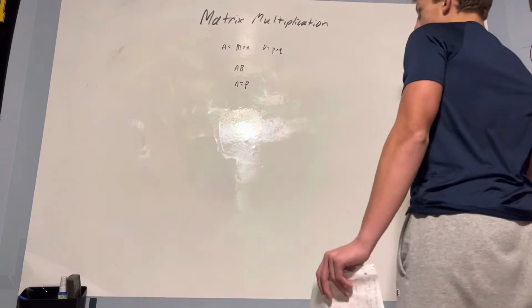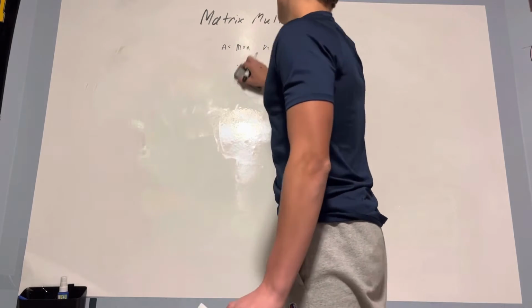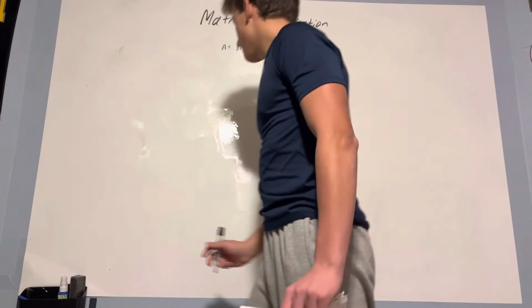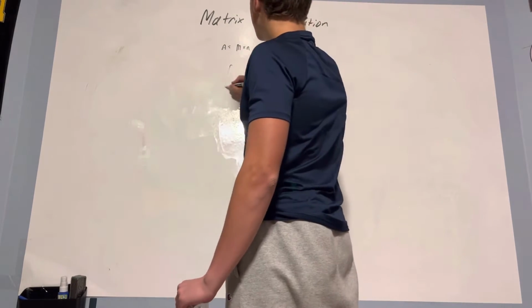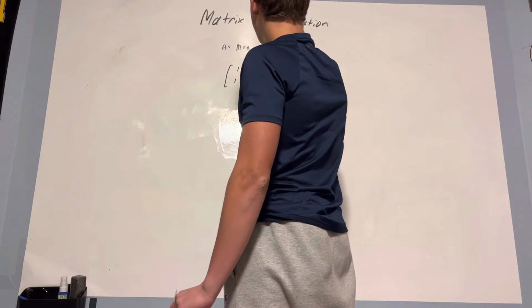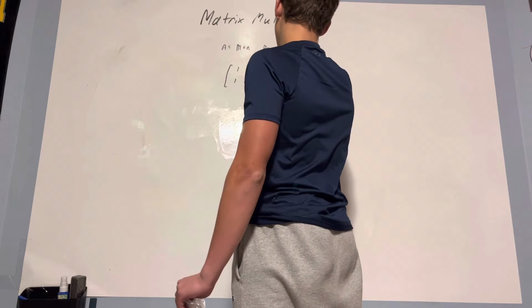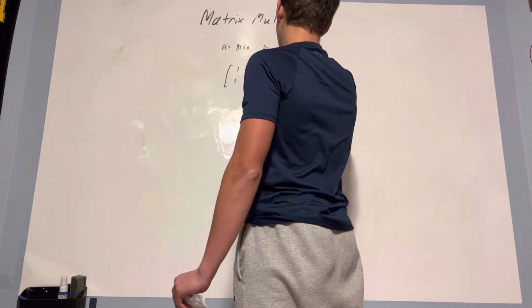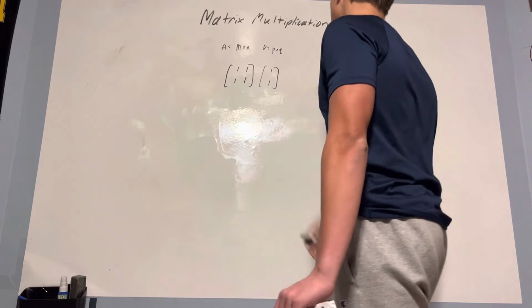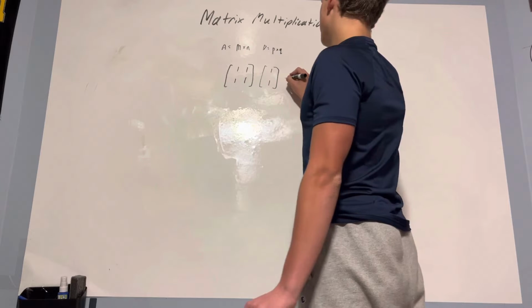And why is this? Well, let's see it with an example real quick. Say we have a 2 by 2 matrix, and I'm just going to make this really easy, all ones. And then we have a 2 by 1 matrix, and we want to multiply the two.